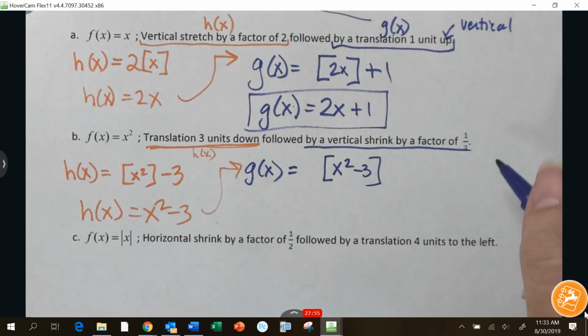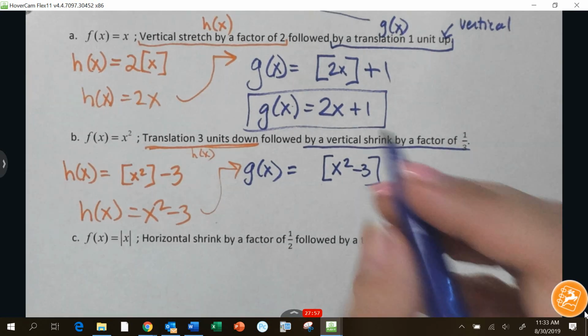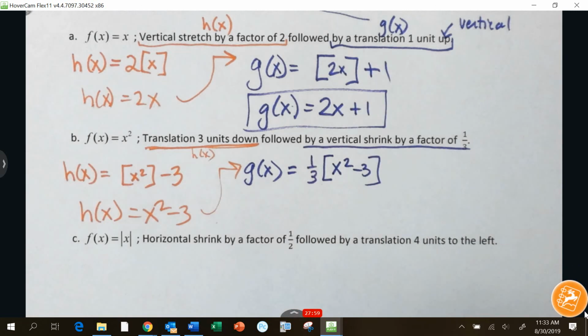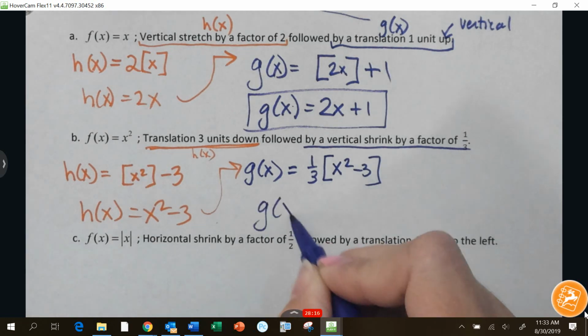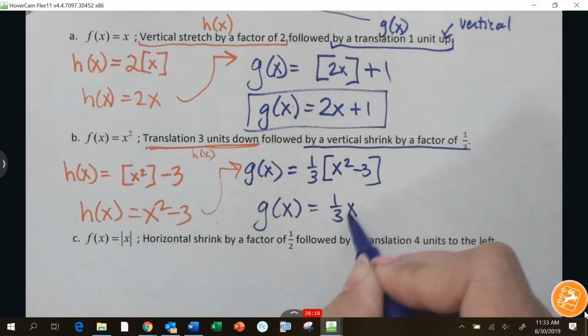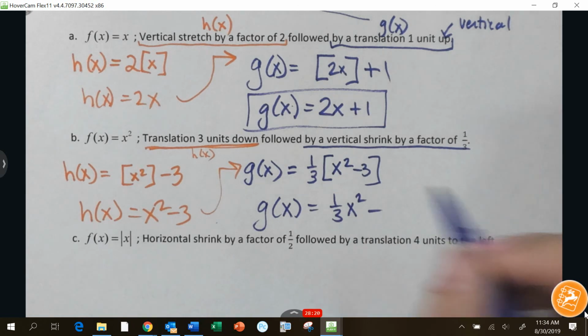I wrote over it. It's 1/3, I'm sorry. 1/3 is going to go on the outside of those brackets. So when I say 1/3 of the entire function, that's not just 1/3 of the x squared. Now I've got g of x equals 1/3 x squared minus what? 1.